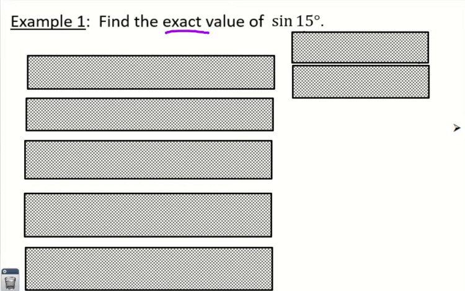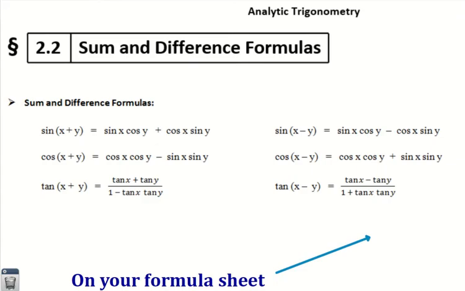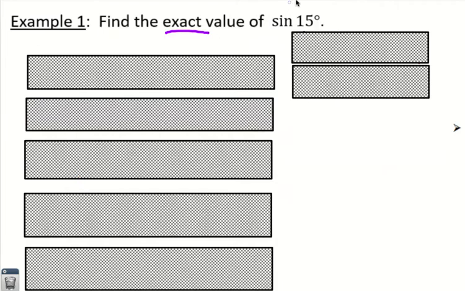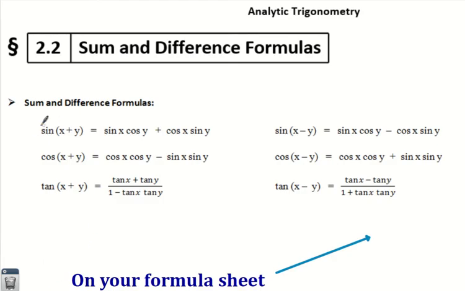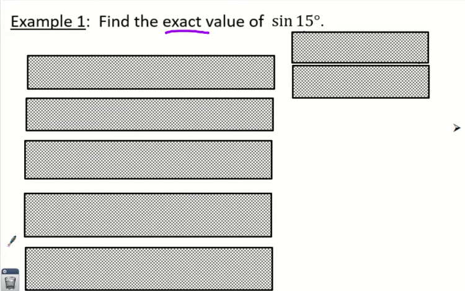So we're going to utilize one of these formulas, and I think we can narrow it down to either this one or this one. We're going to use one of those two formulas to get the job done. Okay?